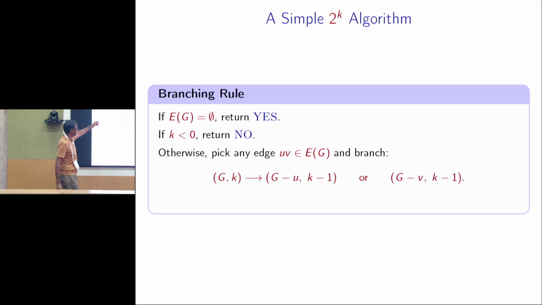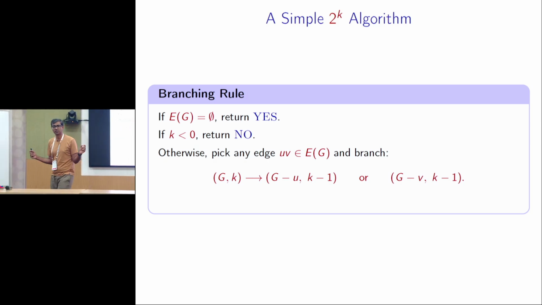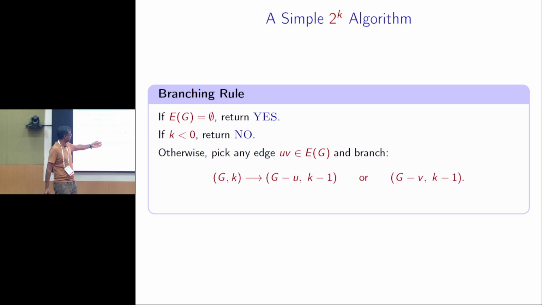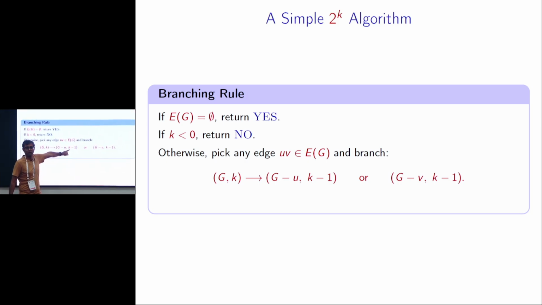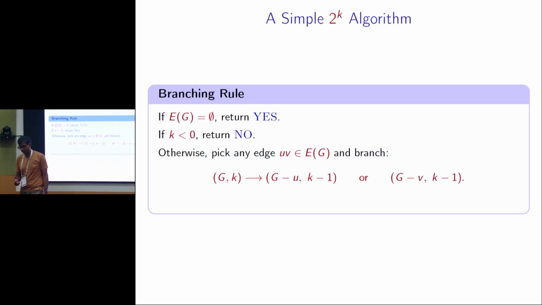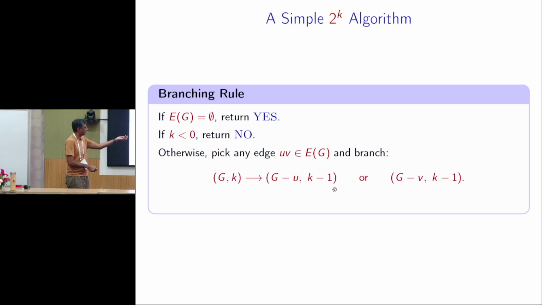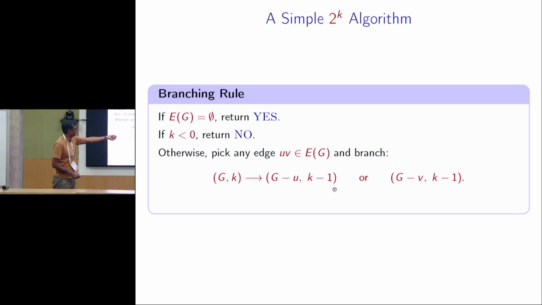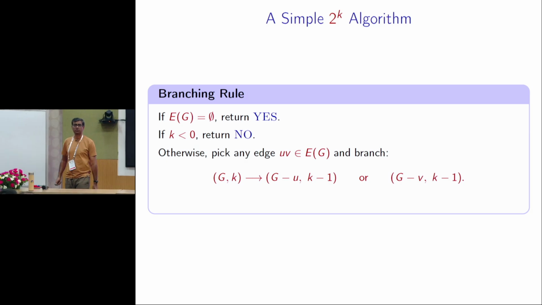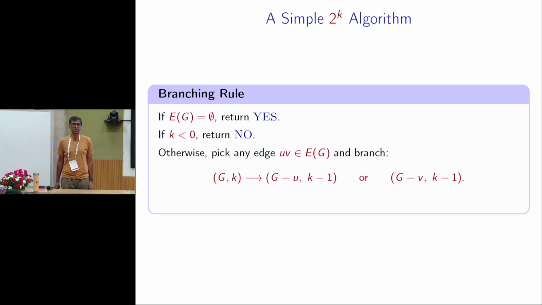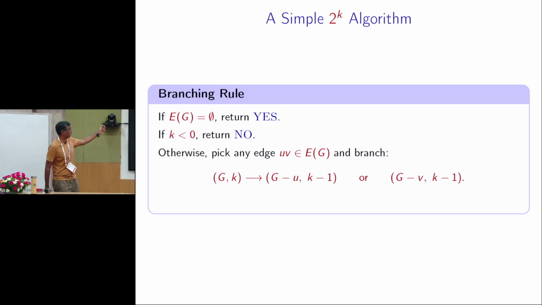So what does my algorithm do? If you have an edge, you have to pick one of the endpoints. So I recursively try to find a solution which either picks U and tries to find a solution of size K minus 1, dropping the budget to K minus 1, or picks the other endpoint of my edge, V, and again recursively tries to solve the problem with budget K minus 1. So that's my algorithm. This is a simple algorithm to solve vertex cover.